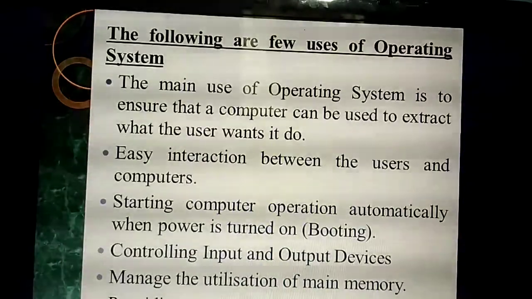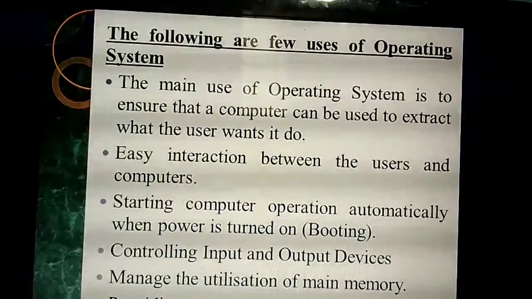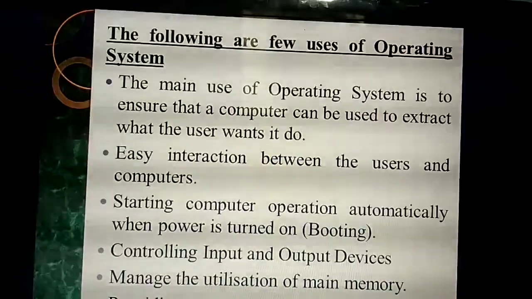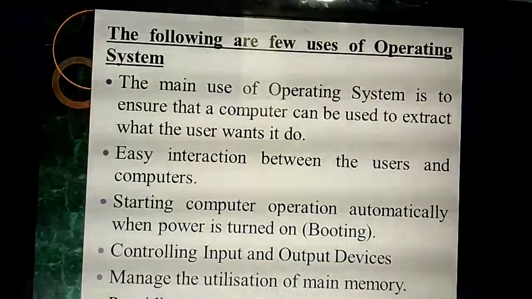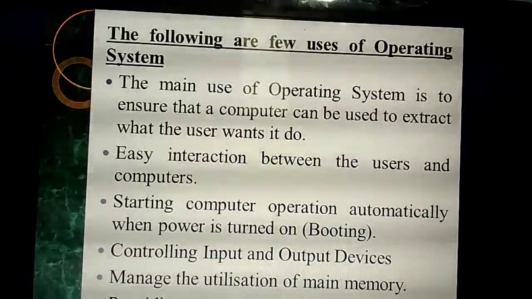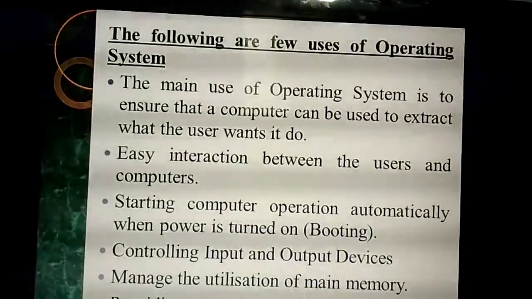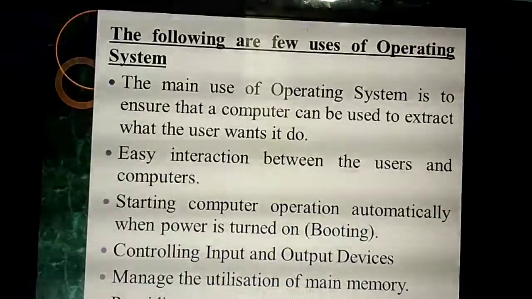So how many GB remain? 6 GB. How much have you utilized? 2 GB. The remaining is 6 GB. This utilization of memory is managed by whom? The operating system. Understand? And it also provides security to each program or application.